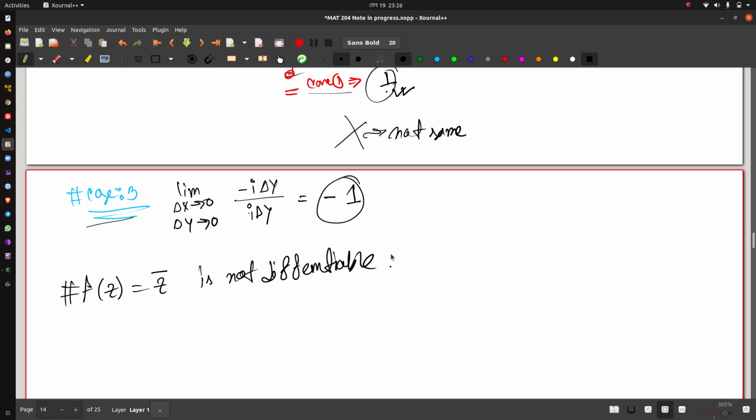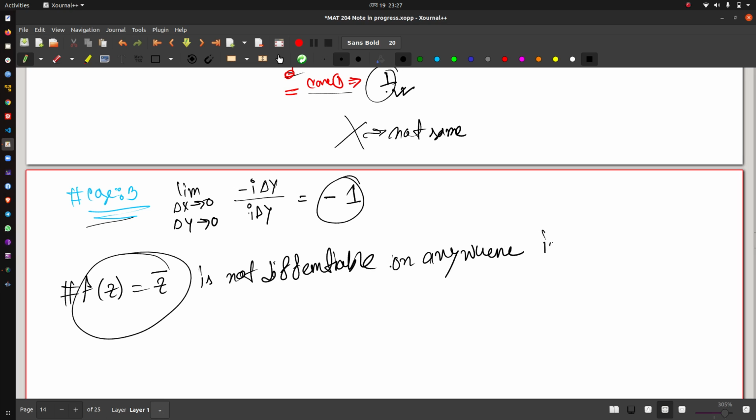And as a bonus, since we're dealing with an arbitrary point z naught, what we actually did over here is that we proved that this function is not differentiable anywhere in the complex plane.